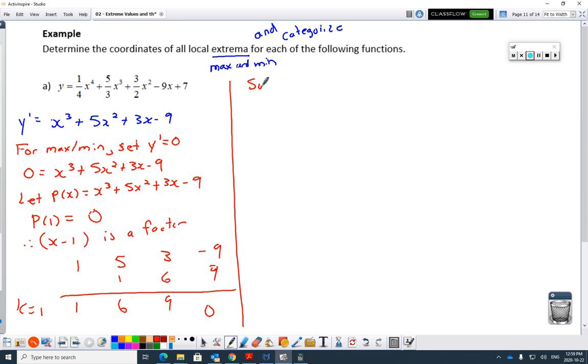So we have x minus 1 times x squared plus 6x plus 9 equals 0. Two things that multiply to 9 and add to 6: 3 and 3. So I get x minus 1.